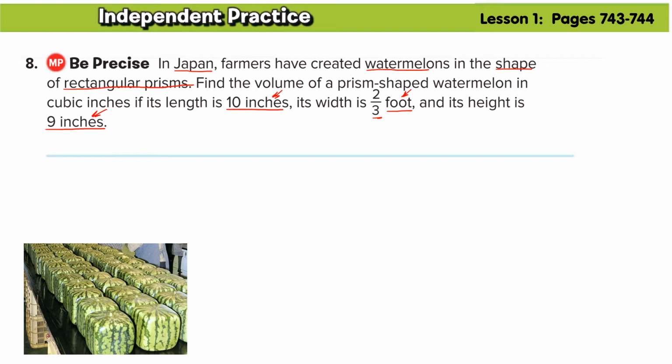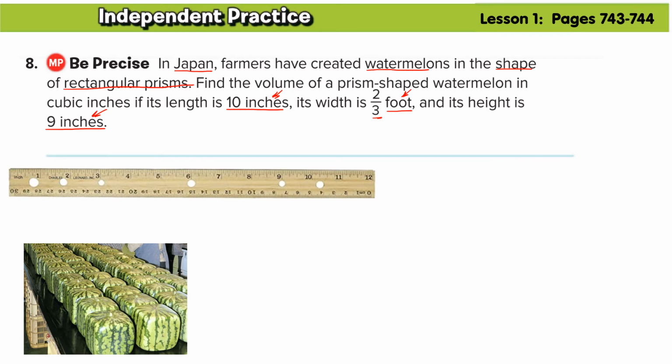So since 2 of them are inches, we're going to change the third one to inches. So I have a ruler here, and since it's 2/3 of a foot, I'm going to divide my ruler into thirds. So since it's 12 inches in a foot, I'm going to divide 12 into thirds. So that would be 4 inches and then 8.